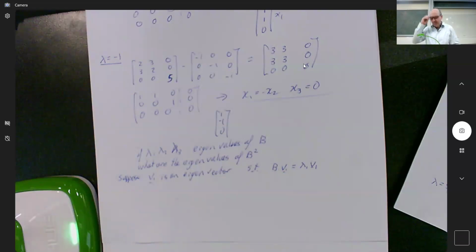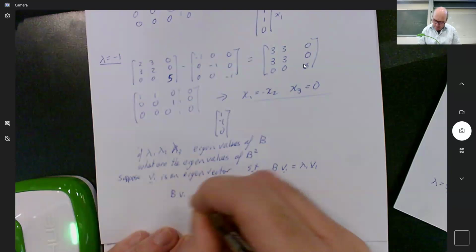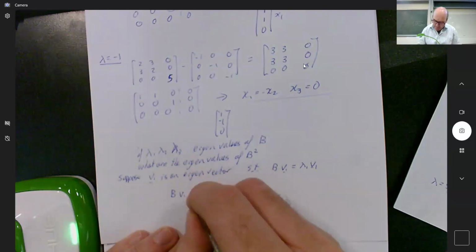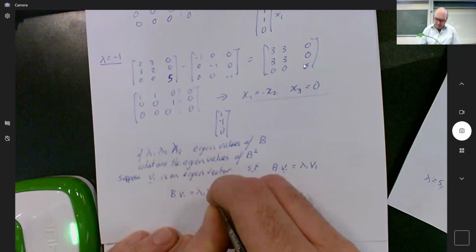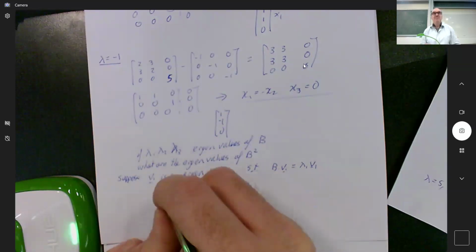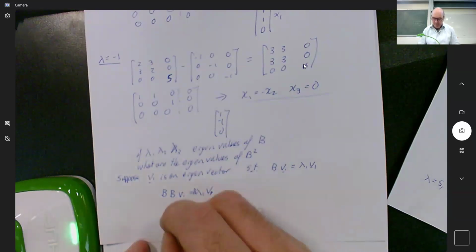Now, I'm going to take this. If I've got B times V1, that is equal to lambda 1 V1. Maybe if I try and sneak a B in here, this would get me B squared V1.